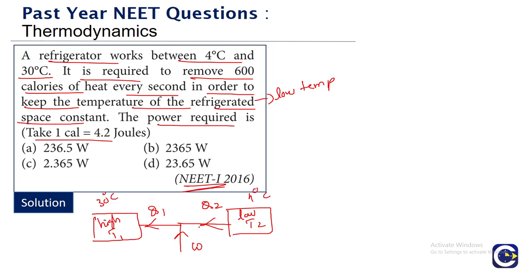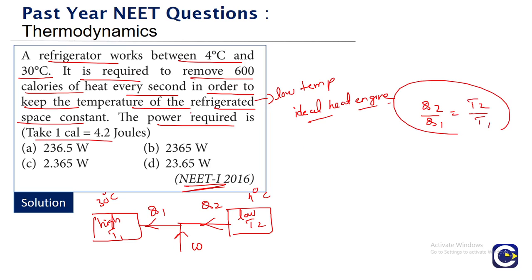If we look at the heat engine, we have the ideal heat engine, which is Carnot's engine. In that we have a relation between Q2 and Q1, that is Q2 by Q1 is equal to T2 by T1.